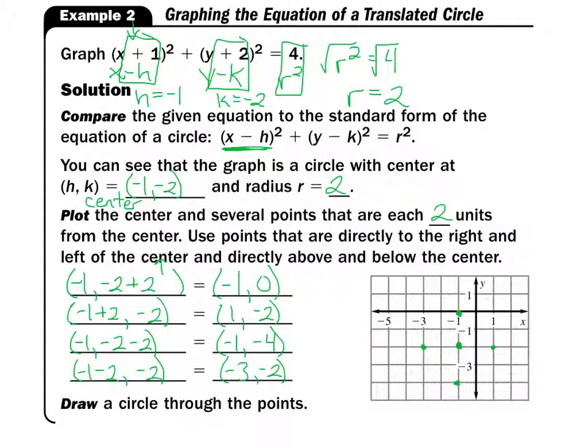And again, right where we had it. Once you draw those points, then it's just a matter of sketching the circle to fit those points. Not quite perfect, but it gets the job done. All right, on to example 3.